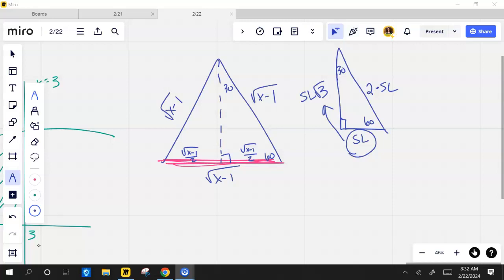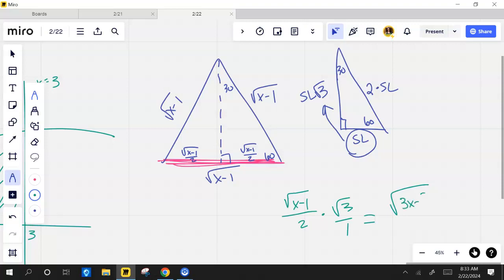Okay, so in this triangle, this middle piece right here is going to be short leg times square root of 3. So I've got short leg times square root of 3. And I'm just going to clean it up a little bit because they're both radicals.